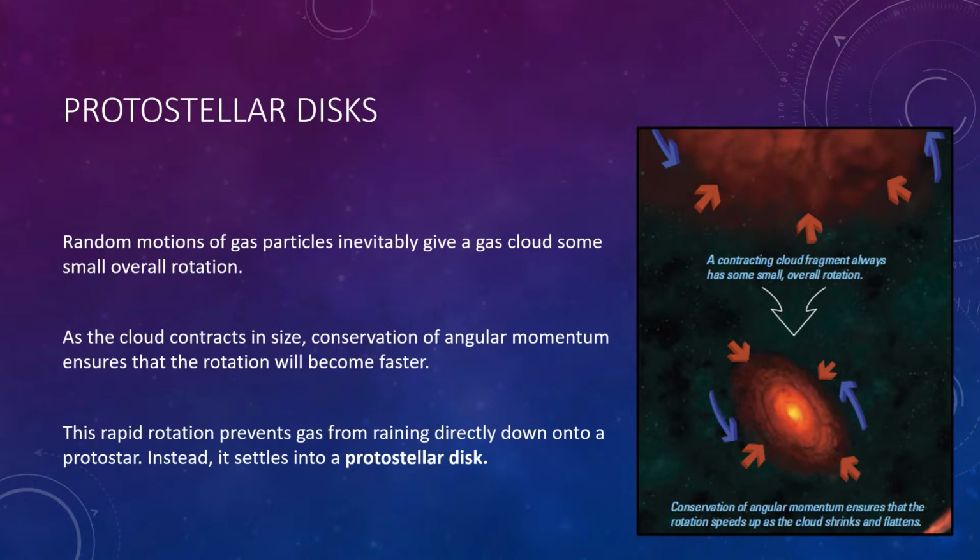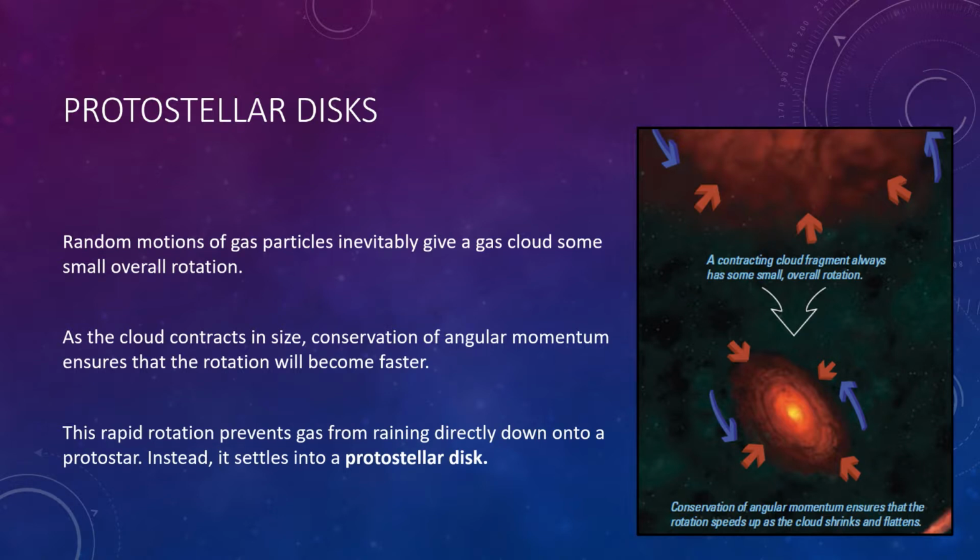However, as the cloud contracts in size, the law of conservation of angular momentum, as we discussed before, ensures that the rotation will become much faster, much like a figure skater bringing in their arms. This rapid rotation prevents gas from raining directly down onto a protostar. Instead, it settles into a protostellar disk, similar to the spinning disk of gas from which the planets in the solar system formed.